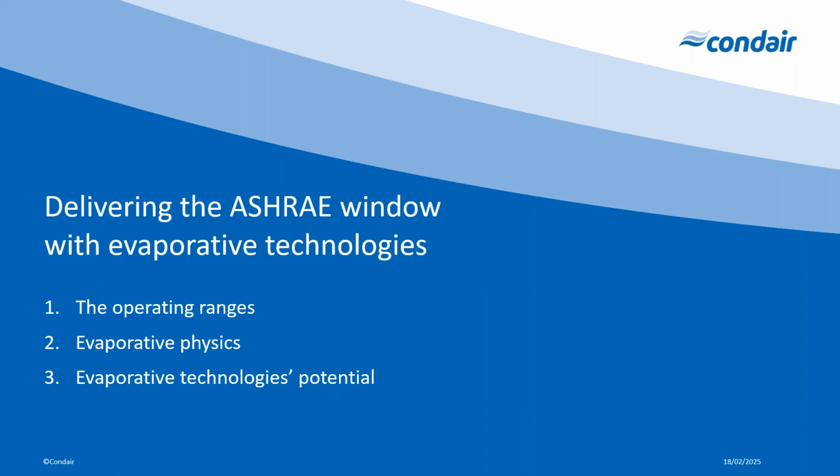Now, although American is in the name, they are a global association with over 50,000 members and represented in more than 130 countries. So very well represented association. But in this section, we'll cover the ASHRAE operating ranges, the physics of evaporative cooling, as well as the conditions where evaporative cooling could potentially be used.